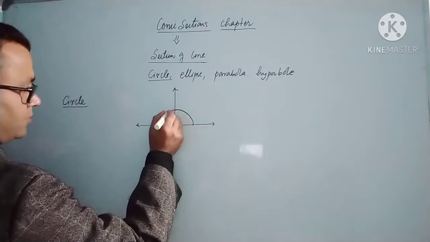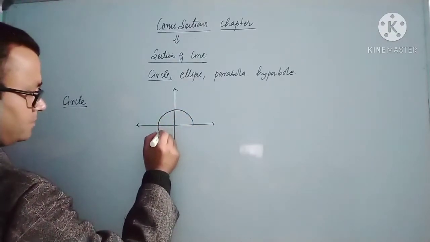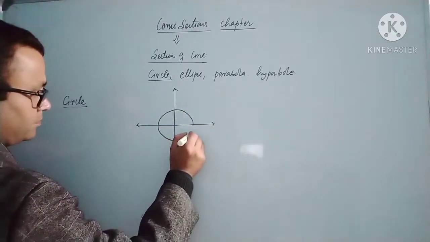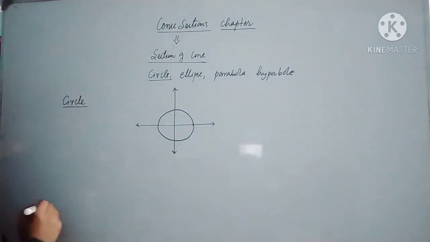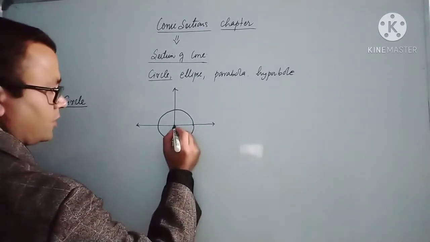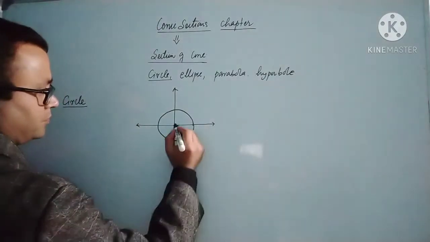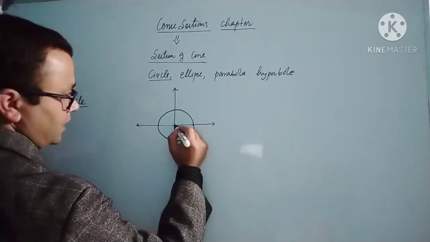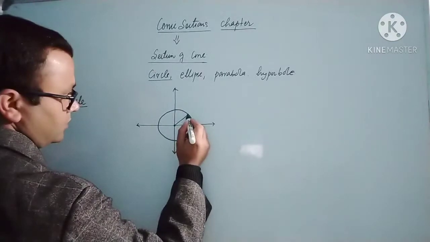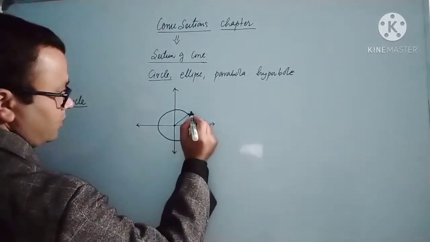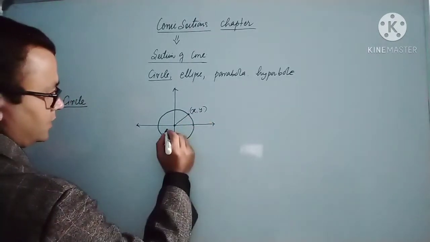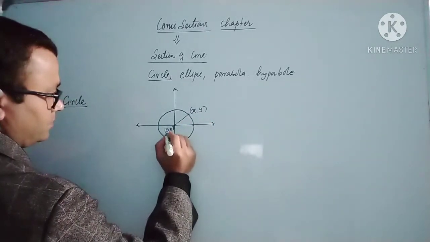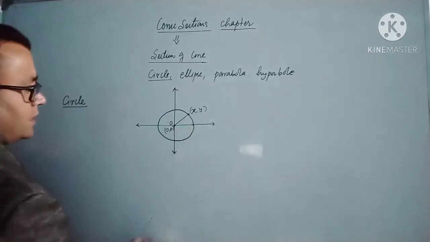The center of the circle is at the origin. In this case, this point will be x comma y, and this is 0 comma 0. Now O is the center of the circle.